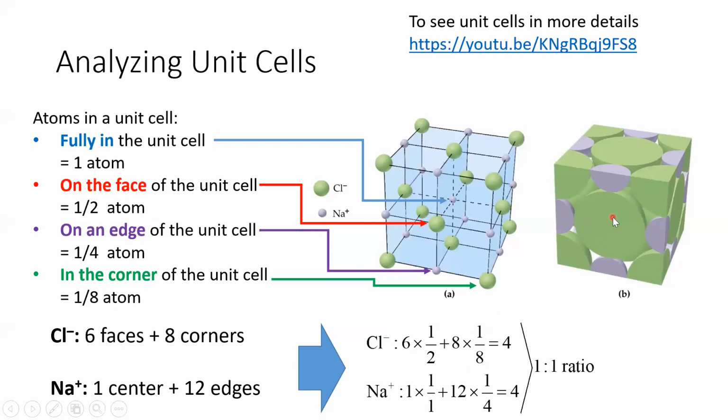So this unit cell has 4 chlorides in it. If we were to look at the sodiums, 1 of the sodium ions is in the middle, and 12 of them are along the edges. So 1/4 of 12 is 3. 3 plus 1 gives us 4. The ratio of chloride to sodium is 4:4, or 1:1 in our unit cell.